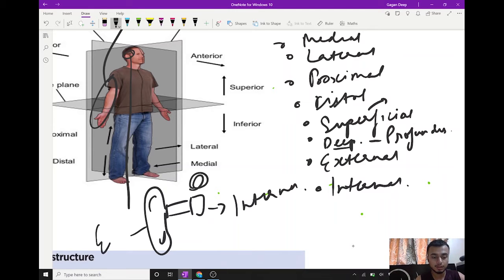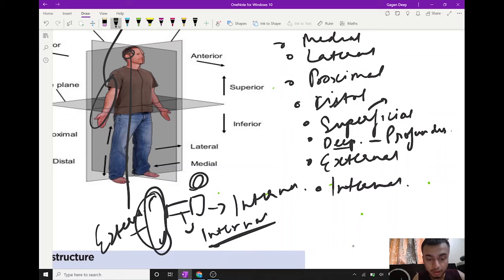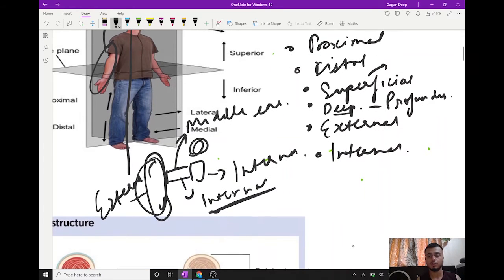This is outside our body, so it is known as external. Now can this be called internal with respect to this external ear? Yes, anatomically we can call it internal, but it is not named internal ear, it is named middle ear, to be sure. Anything that is inside, we can name as internal to the body with respect to something which is outside, but we cannot name it specifically. So you need to understand that.